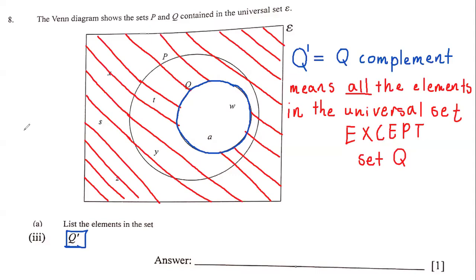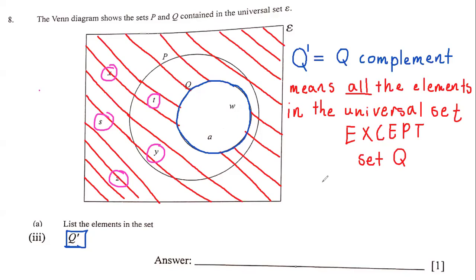So if that's the case, and we know it's the case, let's go ahead and do this. We're going to have Z, S, X, Y, T. Do we include A and W?